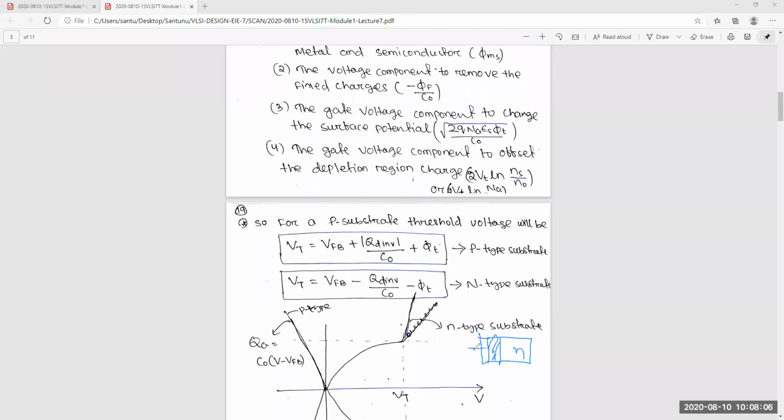Due to this n-type, this voltage will be negative, so you have to give a negative voltage here. That's why this part will be negative, positive, negative, positive. This part is nothing but phi s, meaning phi t, and this part is phi ox. So this is negative. Got the point? How these two are negative?